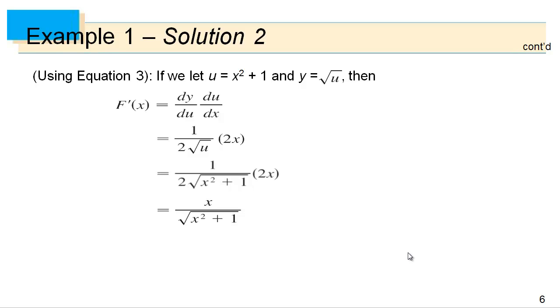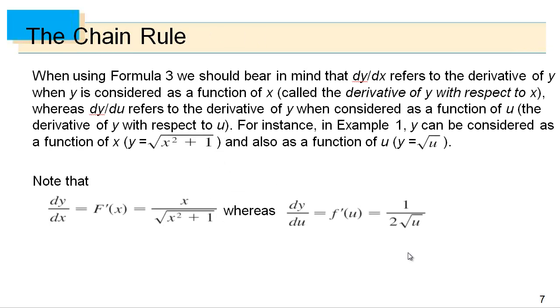Okay, now using the dy over du times du over dx notation, you'll see is really the same thing, only you're actually writing in a u and then you're subbing it back out later. If you want to use formula 3, you just have to bear in mind that dy dx refers to the derivative of y when we consider y to be a function of x.